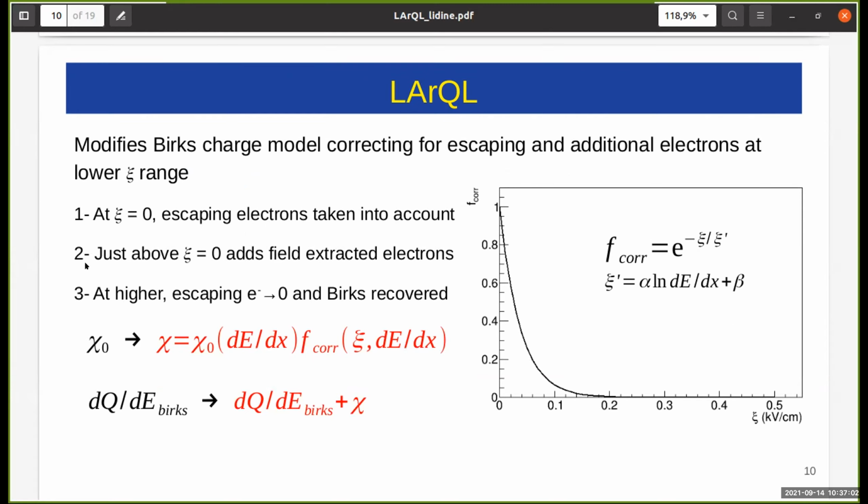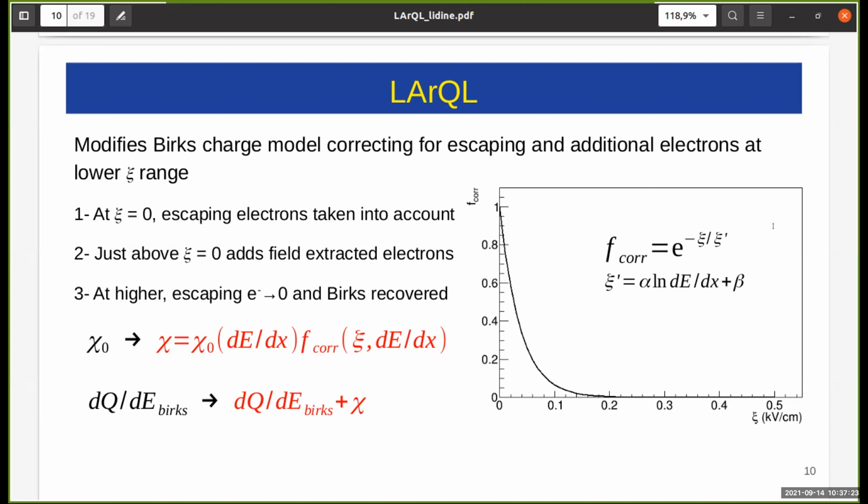So the LIDINE modifies the Birks model by adding escaping electrons at the lower field range. This correction is parameterized as a chi function, which is the product of chi0 times the electric field cutoff that is shown in this plot to the right.